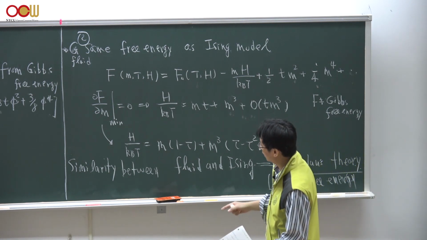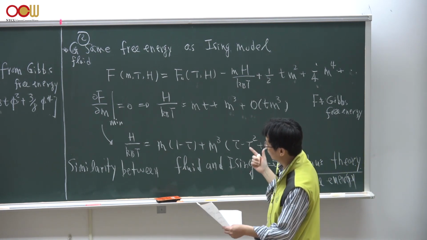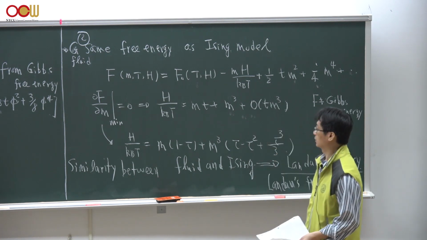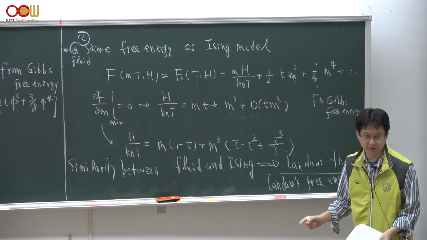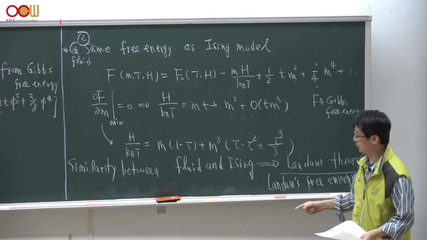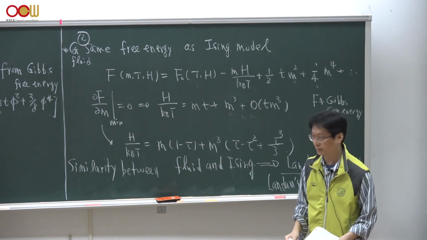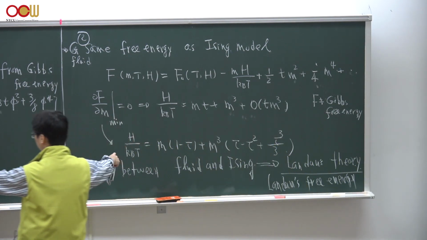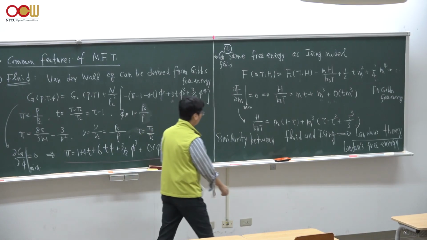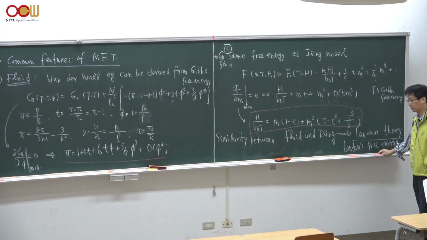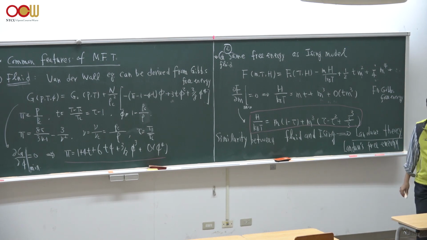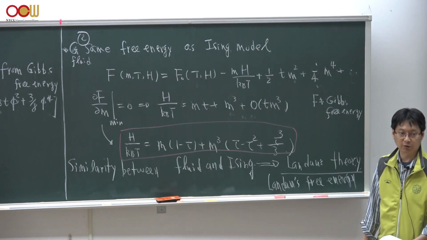We can find the same mathematical form of this free energy as a function of order parameters, and by minimizing the free energy with respect to the order parameter, we get the equation of state, and from the equation of state, we get exponents. And you can see by comparing the equations of state between the fluid and the Ising model that they are very much similar, and they can be cast in the same mathematical form, even though they have different coefficients and prefactors, and it doesn't matter concerning the critical exponent.